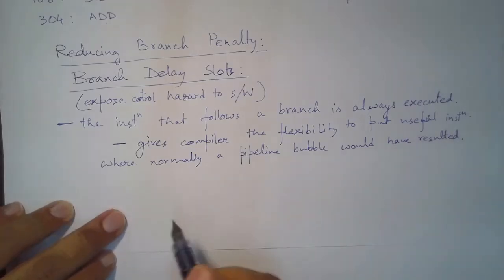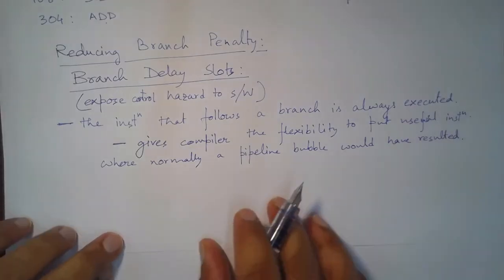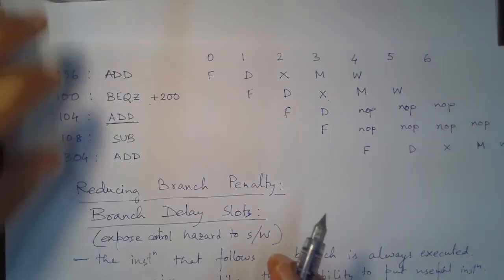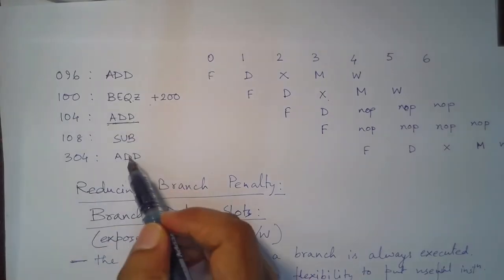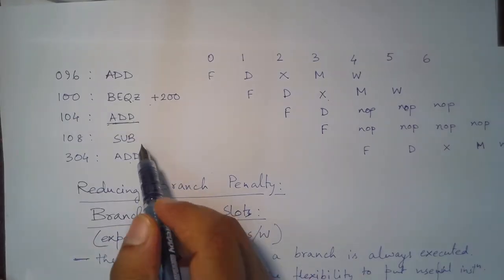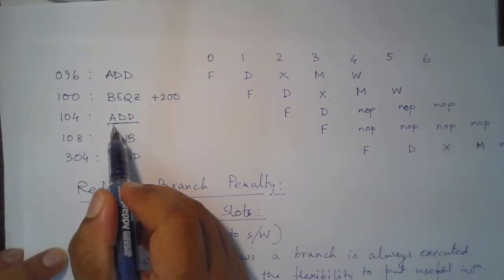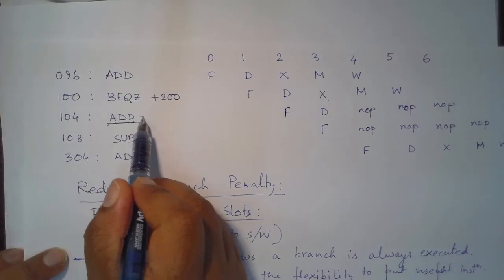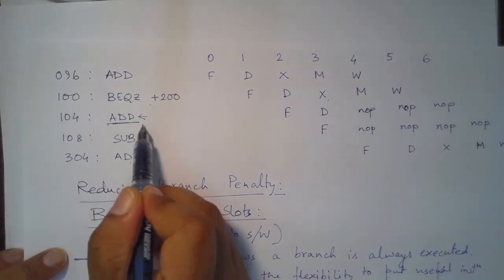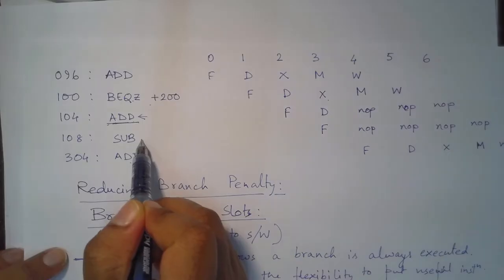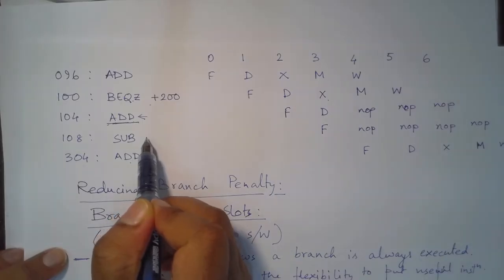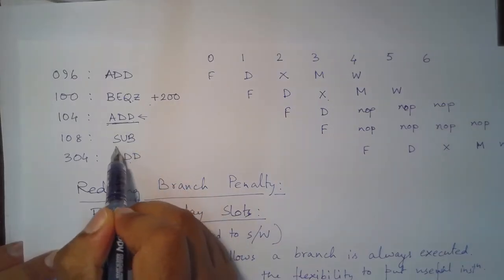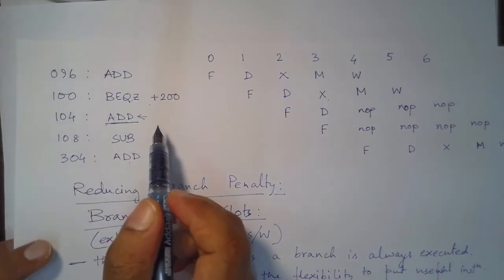All right. So if we look at the example we have looked at so far, if I have one delay slot, then I'll put one instruction which is useful, and if I have two delay slots, then I'll put two useful instructions. And these instructions are executed regardless of the branch outcome.